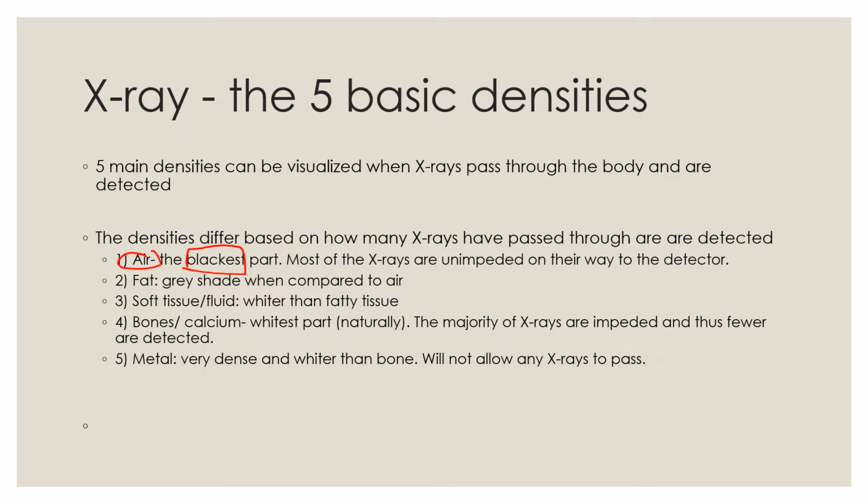If the majority of X-rays are absorbed or deflected by bones, calcium, or metal, the area will be devoid of X-rays, and thus will be dense and white. Everything in between air and metal, for example fat, soft tissue, fluid, muscle, will block and allow varying numbers of X-rays to pass through, and thus will be different shades of grey.